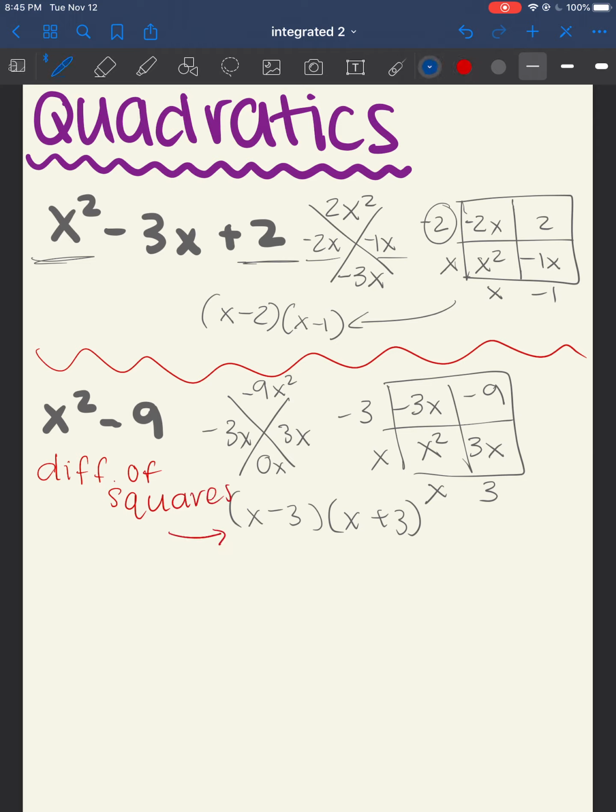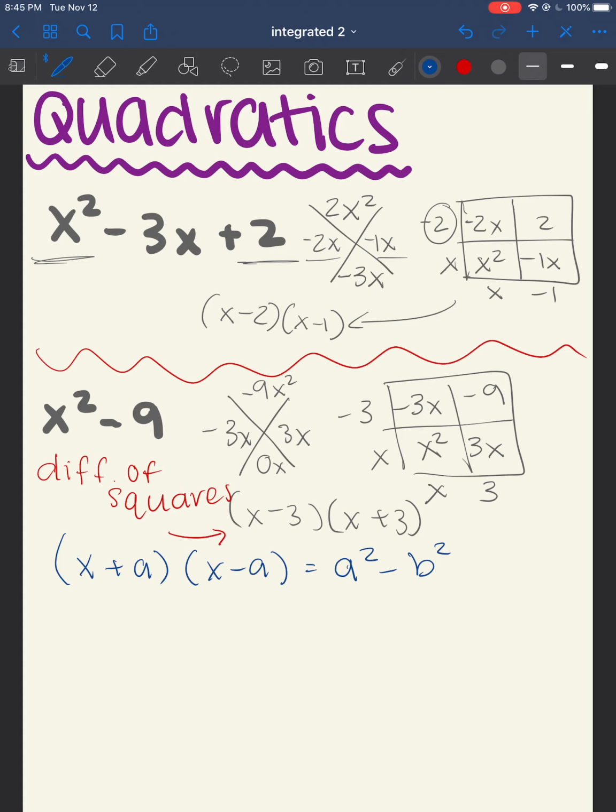And the formula for that is, if you have the same term with just a sign change in the middle, so if you have x plus a times x minus a, this will end up being a squared minus b squared.